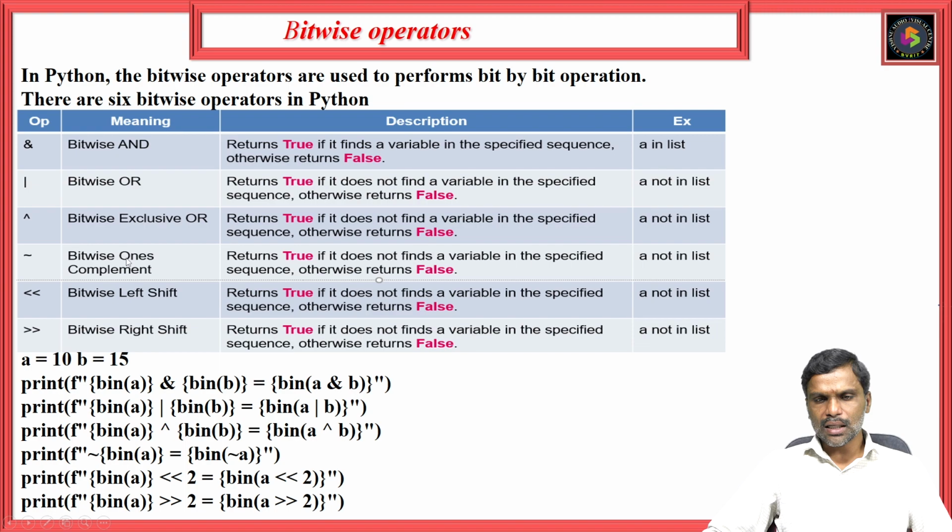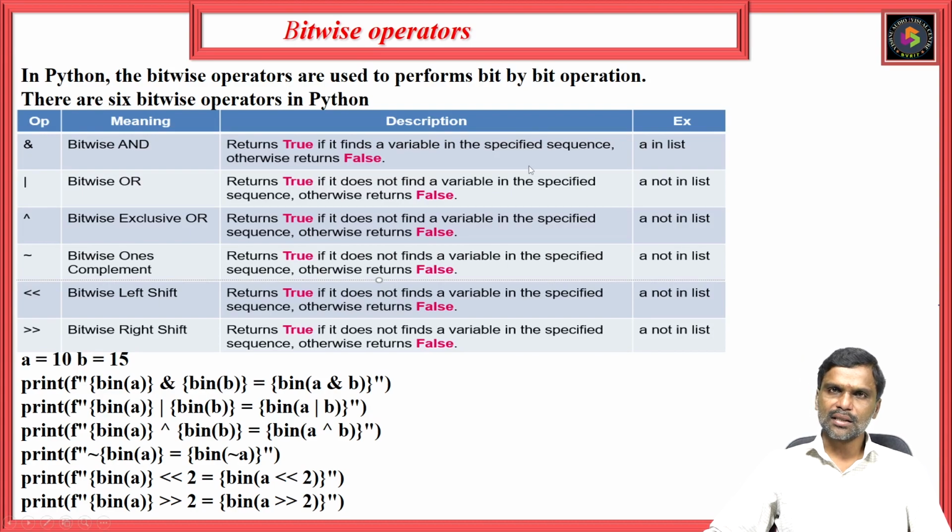Bitwise AND returns true if it finds the variable in the specific sequence, otherwise false. A is in list. Yes, A is in list. If it is, you will be getting the value true. If not, you will be getting false. Similarly, OR returns true if it does not find the variable in the specific sequence, otherwise returns false. Just now we have seen in the previous case, this is also the same.